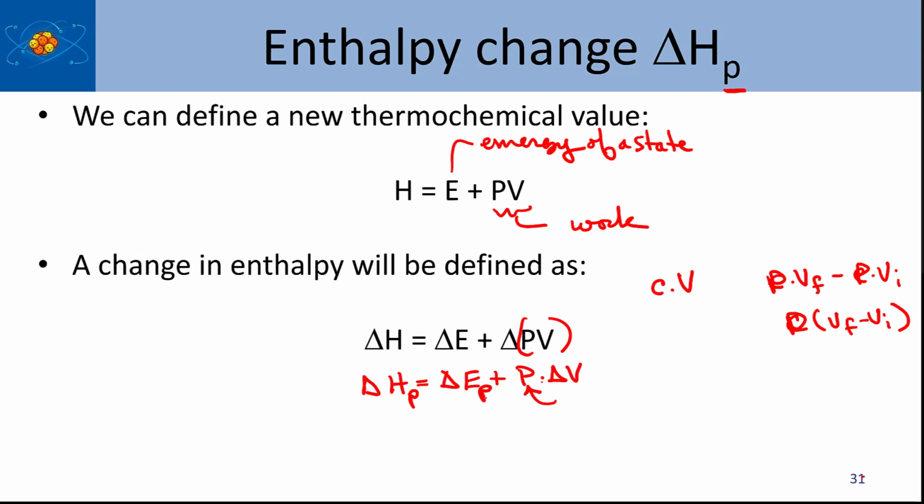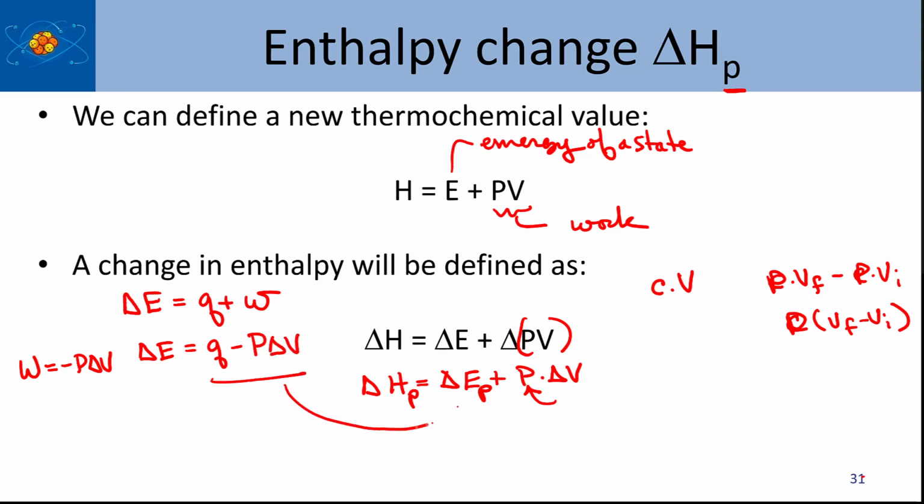Delta E, right, the change in internal energy, we talked about before, is equal to Q plus W, and that's equal to Q minus, and then W has that further definition as minus P delta V. So we're going to say minus P delta V here, but look what happens when you substitute this into here.